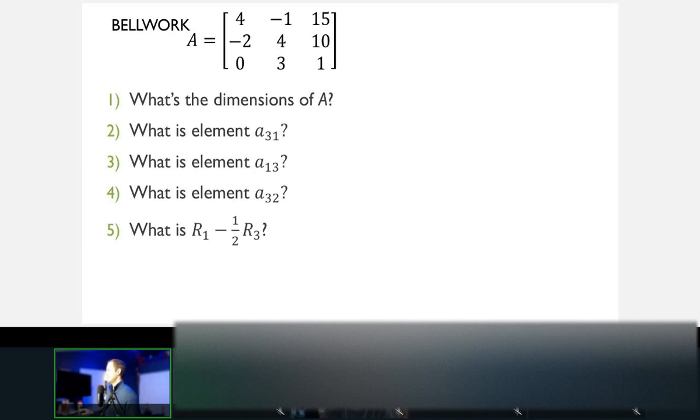So we got 4, negative something or other, and then positive something or other.